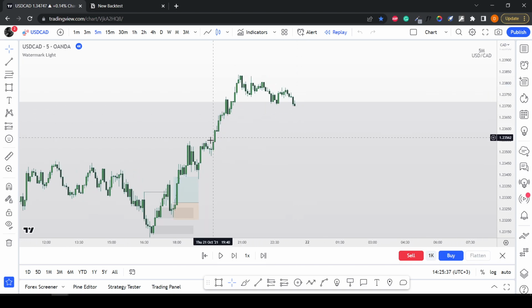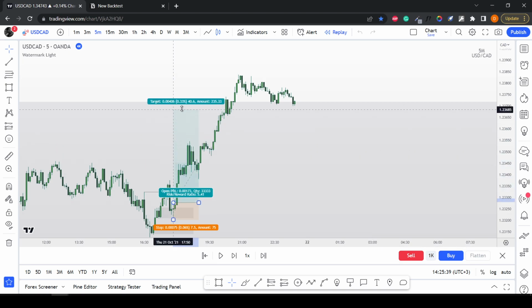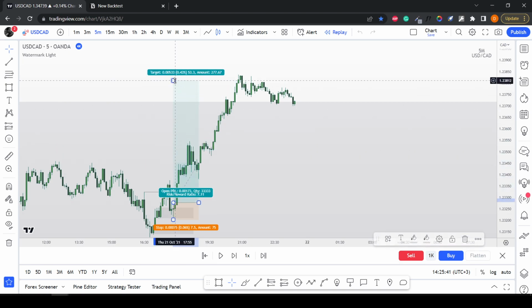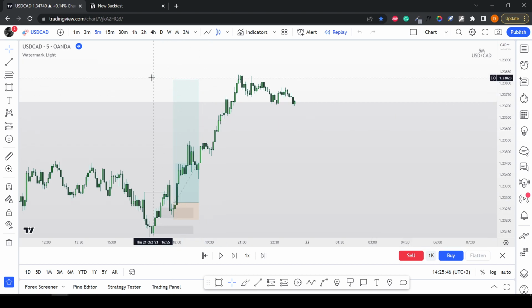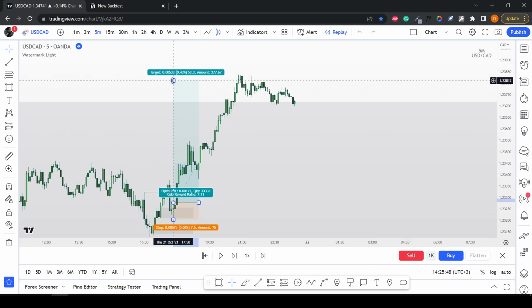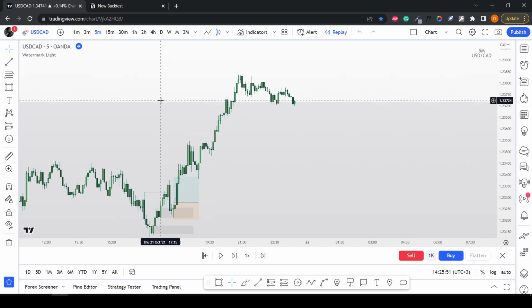Yeah, so this is the problem with trailing. Of course, if I'm using my older system, yeah, that would be a 7R winner. But with trail, I'm actually sitting with this small winner.